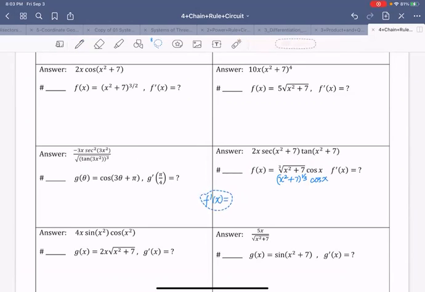It becomes 1/3 times x squared plus 7 to the power of negative 2/3 times 2x and then times cosine x plus negative sine x times x squared plus 7 to the power of 1/3.